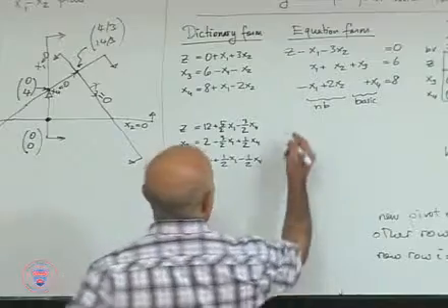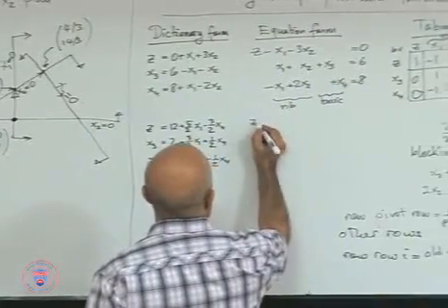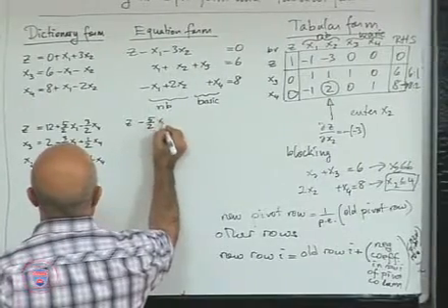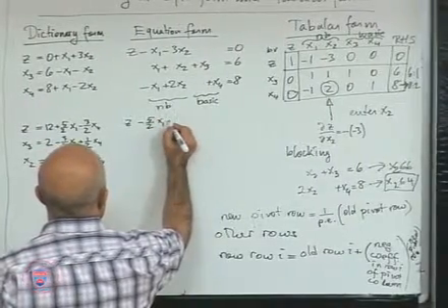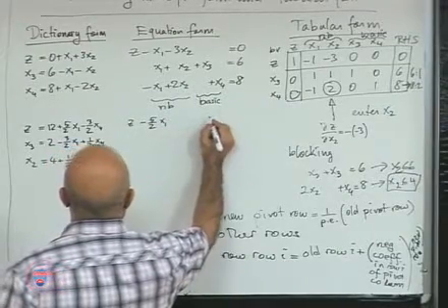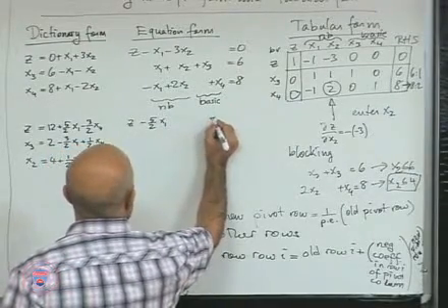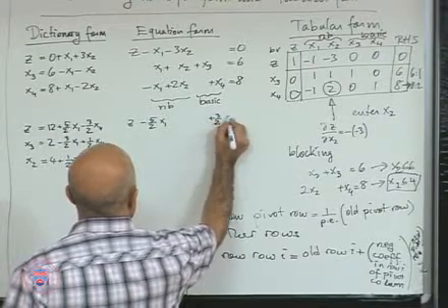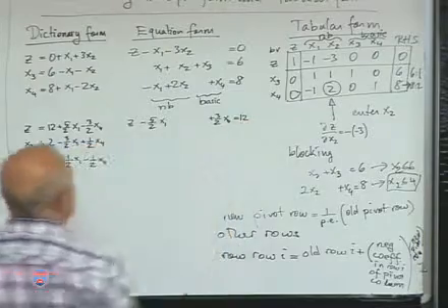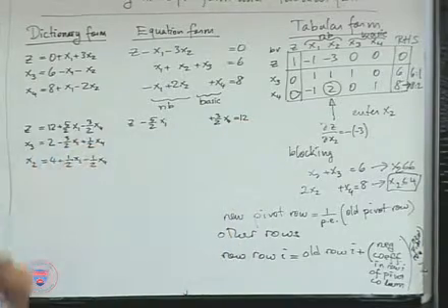The equation version of this is simply z minus 5/2 x1 plus 3/2 x4 equals 12. This equation.